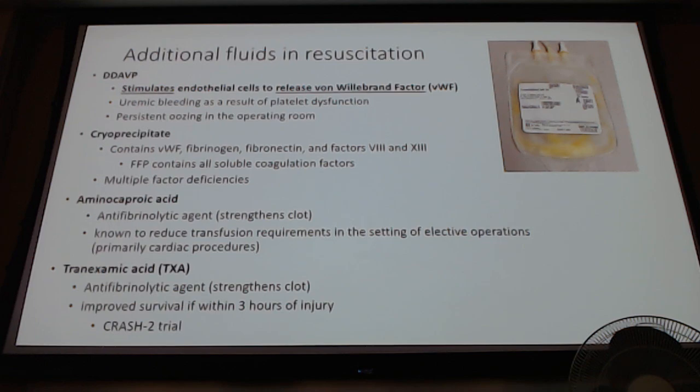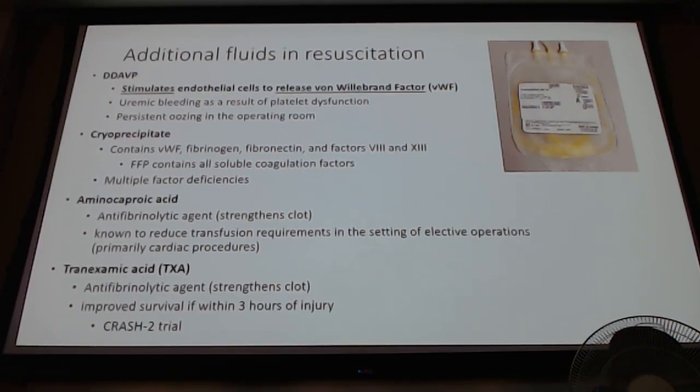All right, other additional fluids, just know they exist. DDAVP. Okay, if you have somebody who's really struggling with clotting, but you get their INR, you get their platelet count, everything seems a little bit normal, you can give them DDAVP and it'll help release that von Willebrand factor and help them clot.